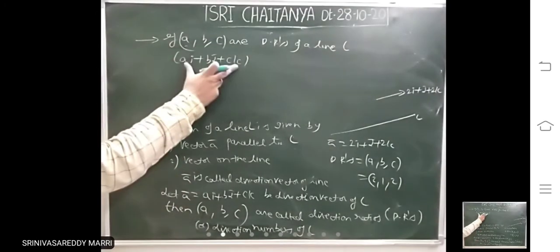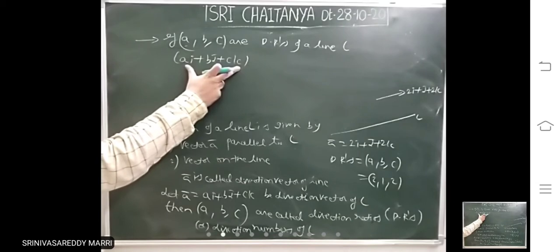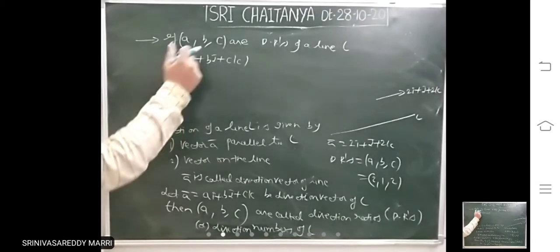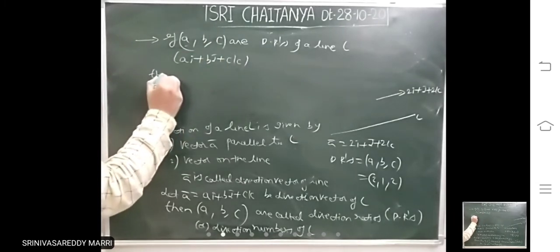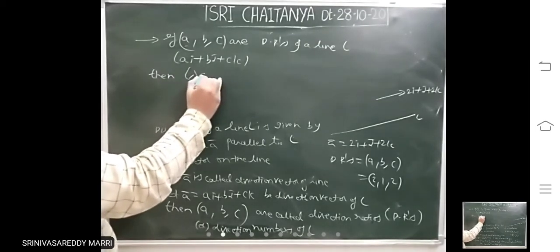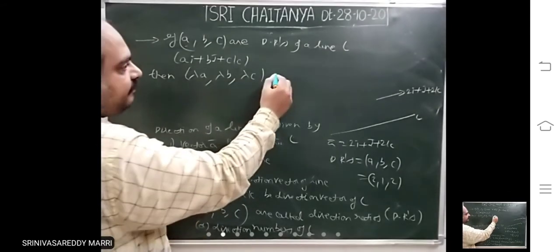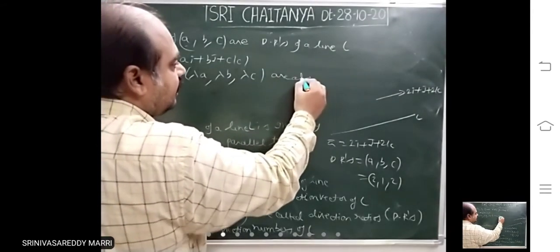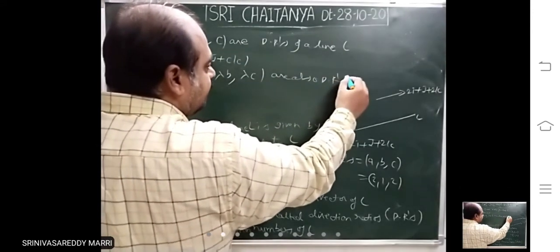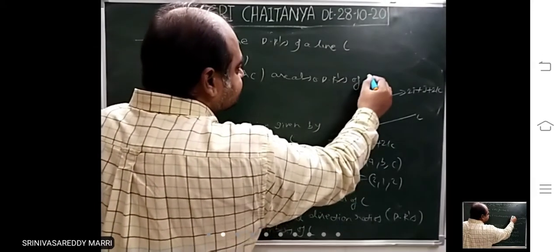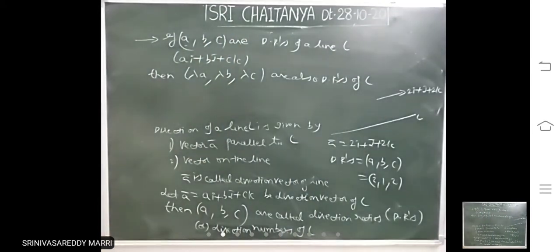Whenever DRs are given, there is a vector which gives the direction of that line. If these are the DRs, then lambda A comma lambda B comma lambda C are also DRs of L, for some constant multiples.